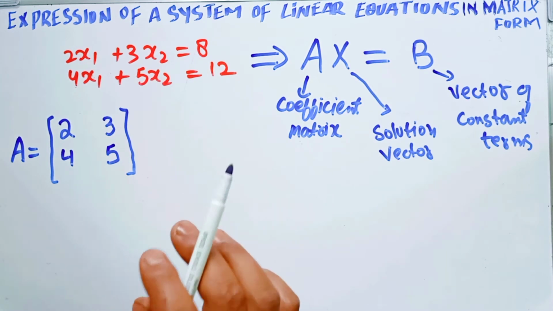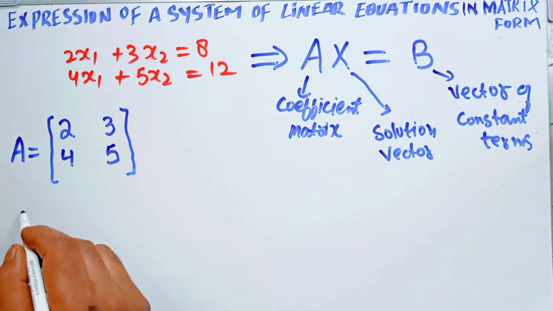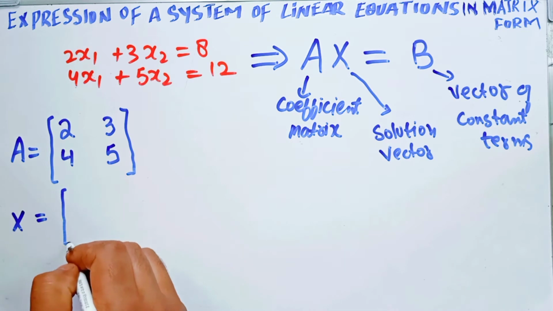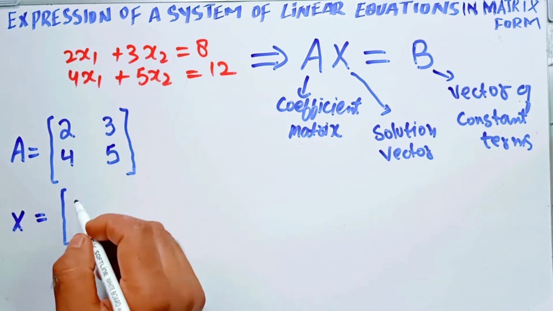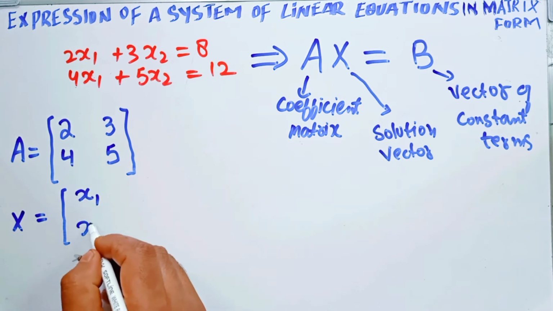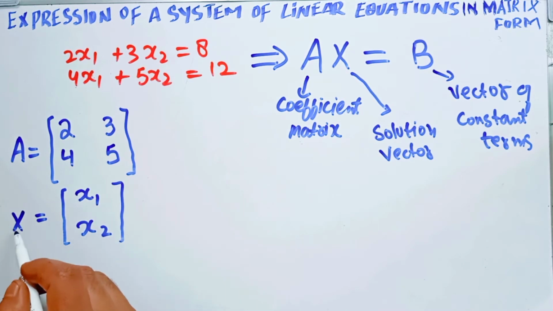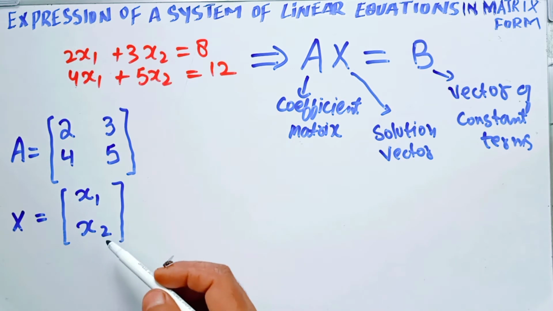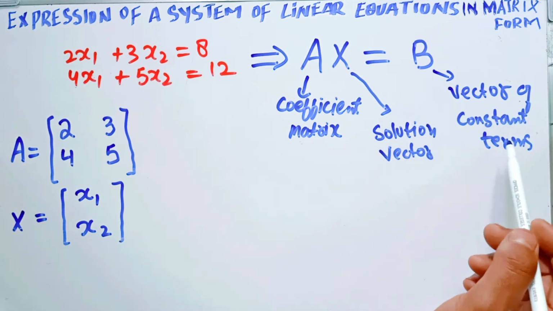Okay, now this x is the solution vector. Solution vector means x is equal to x1 and x2; in x we take the column vector of x1 and x2. Similarly b is the vector of constant terms.